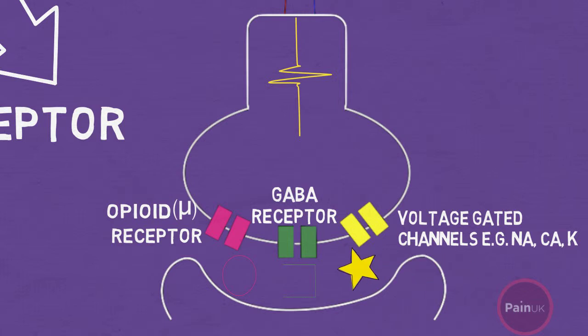This will elicit an effect, such as analgesia upon stimulation of the opioid and GABA receptors, or the generation of electrical impulses upon stimulation of the voltage-gated channels, to continue sending the pain signal along the nociceptive pathway, or in other words, the physiological pathway of pain transmission.